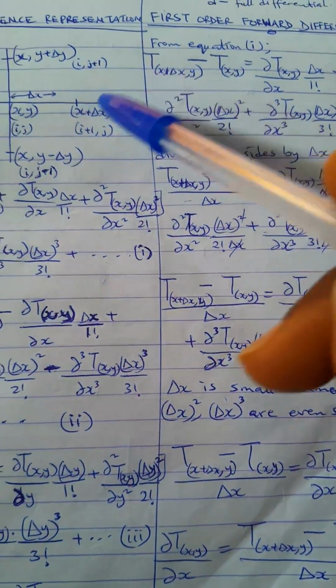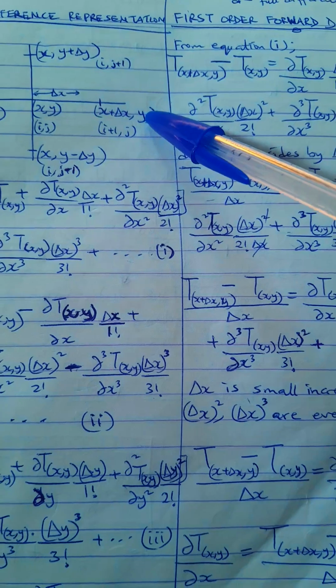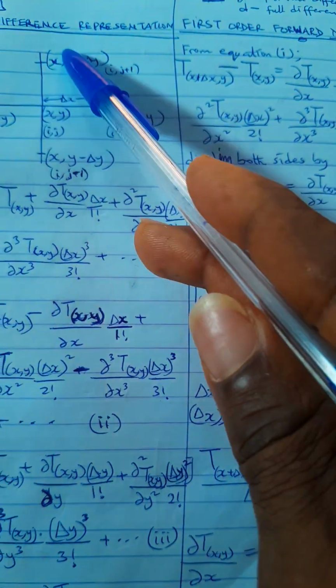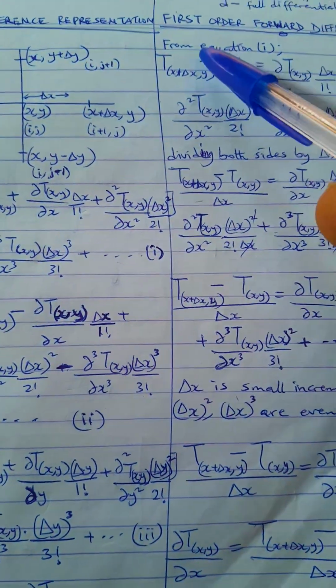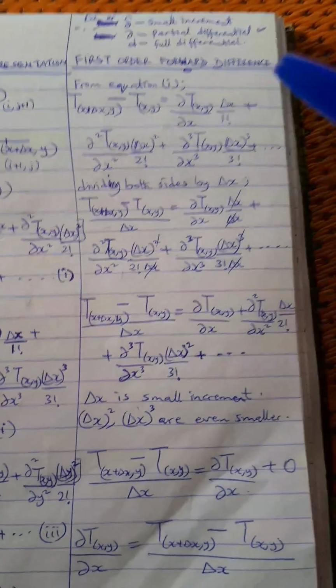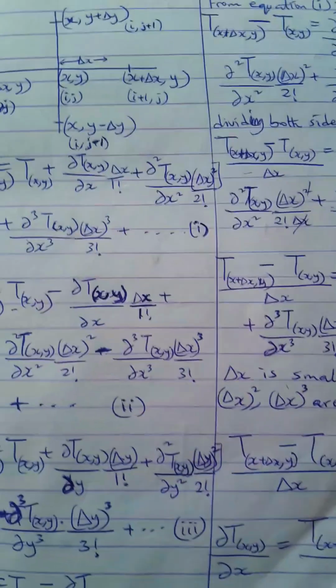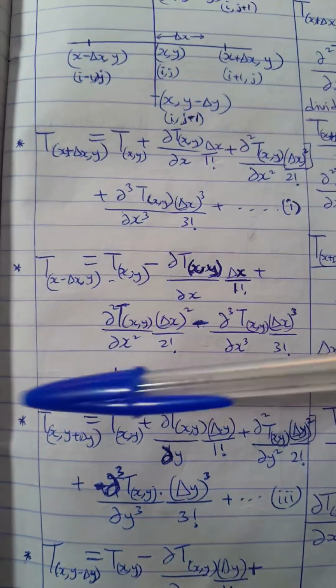So it means you have to get the equation for the x increment towards positive s, and the equation towards positive y. That's the equation that you will use for your first order forward difference. So now let's move on. From equation 1 now, you know equation 1 is this equation 1.